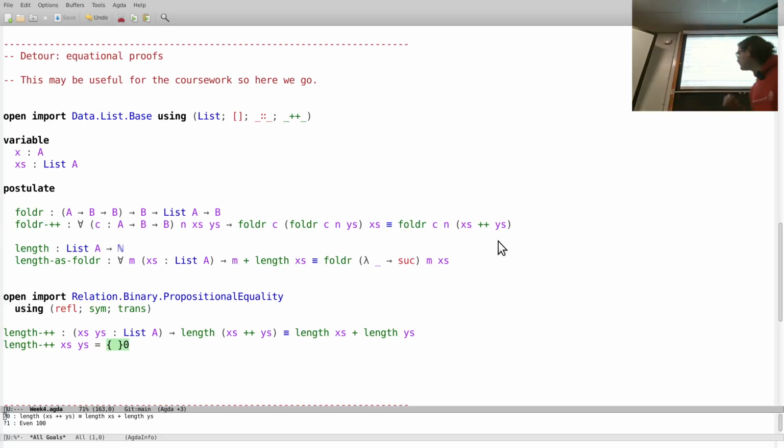So if I'm computing the fold_r of xs append ys, if you think of the way we are doing this, we have the default value at the end, and then for each value, we're going to combine it using C instead of cons with the tail.